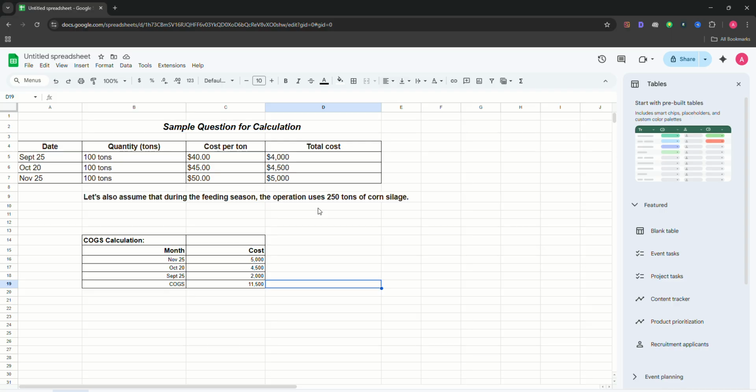So 50 is remaining, so 50 is my ending inventory.